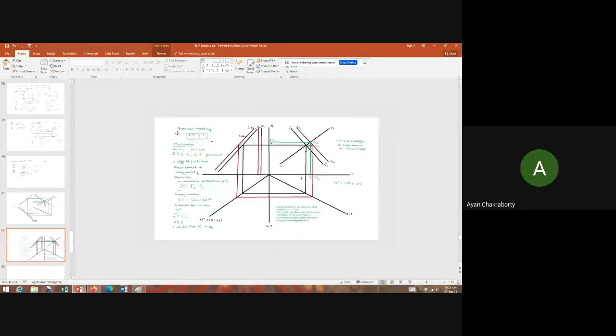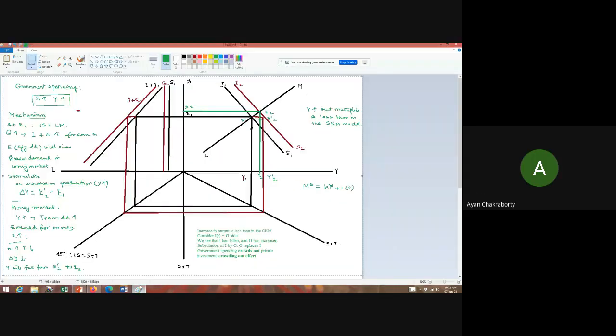Sir, here the whole process is dynamic, because once we reached Y2 dash, the interest rate will rise, but as the income is falling, the transaction demand is falling again, so the rate of increase of interest rate will start to fall. See, I have simply discussed the process in just one or two steps.